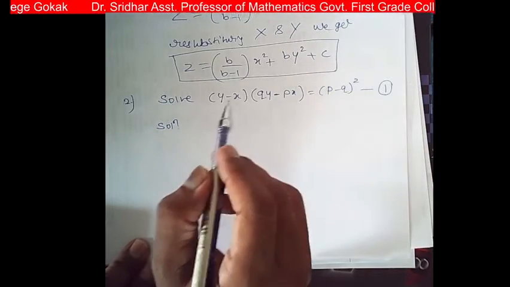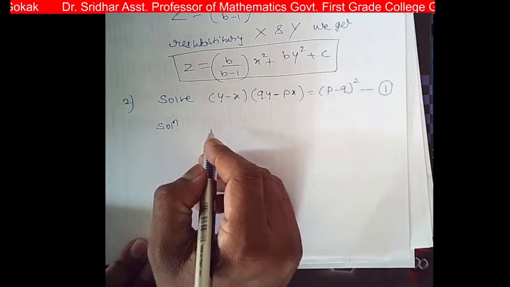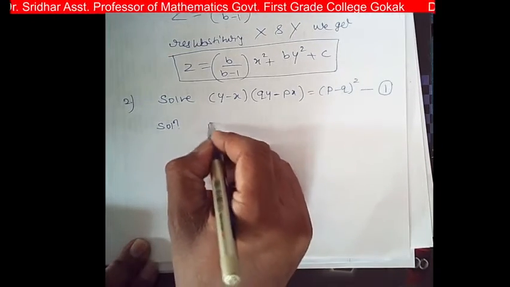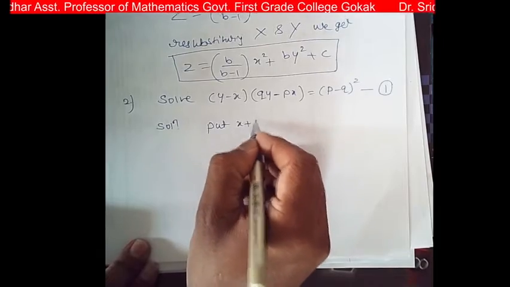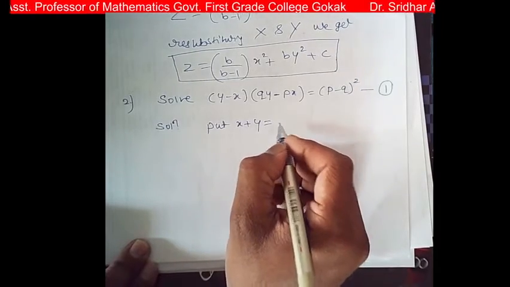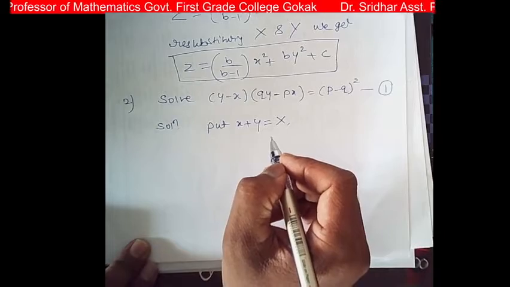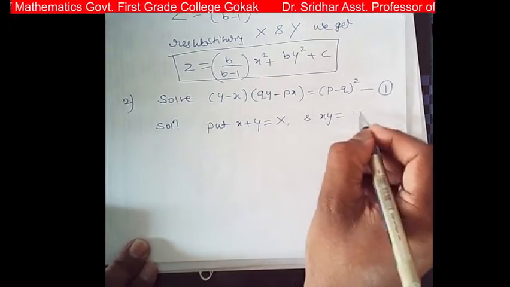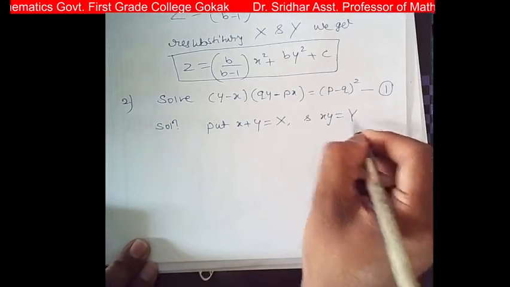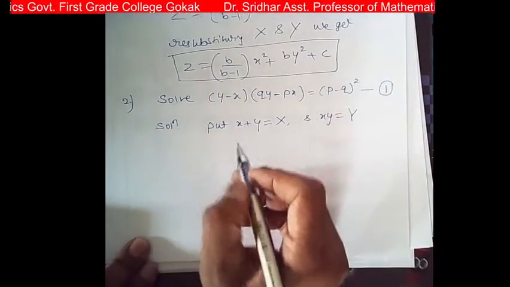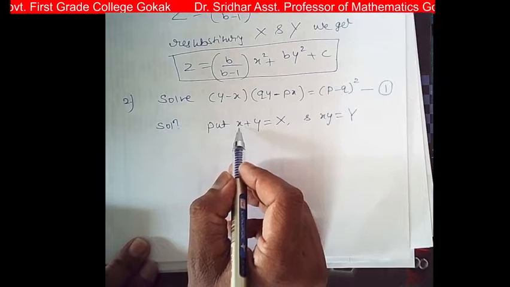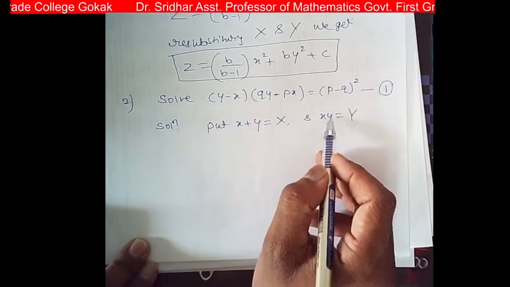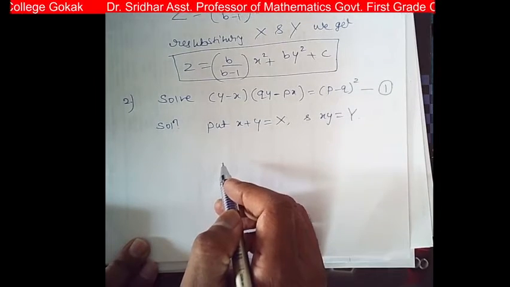So to reduce this, we make a substitution. Put small x plus small y equal to capital X and xy equal to capital Y. Sum of these two is equal to capital X and product of these two is equal to capital Y.